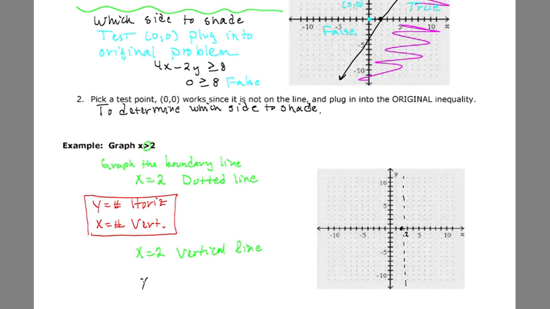Well, I need to shade according to x greater than 2, and there's my boundary line. Am I going to shade to the left of 2 or to the right of 2? It's pretty obvious that to get something greater than 2, I'd have to go to the right. So I would show my shading on the right. So a dotted boundary, shading to the right. So recognizing those two forms is important.